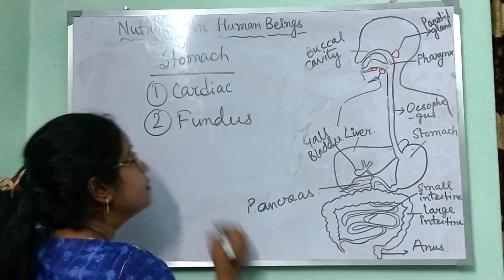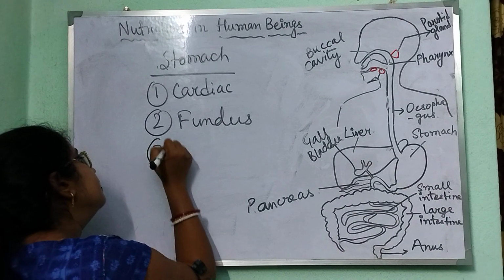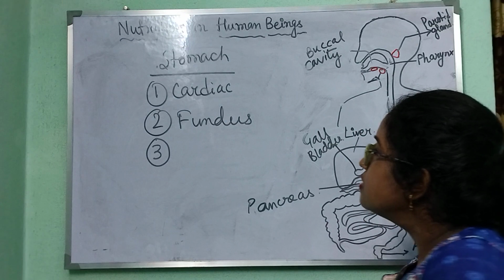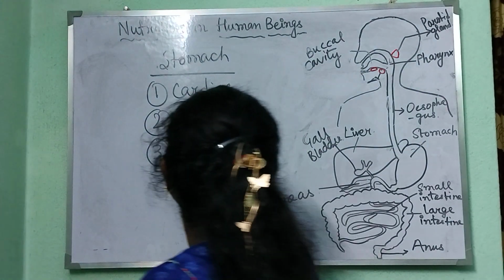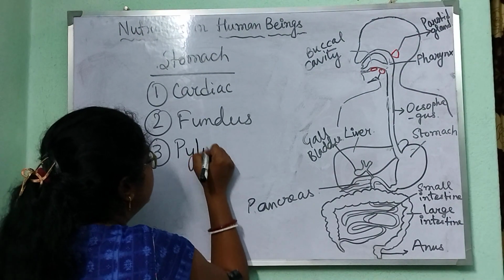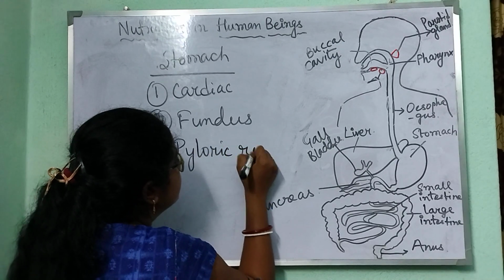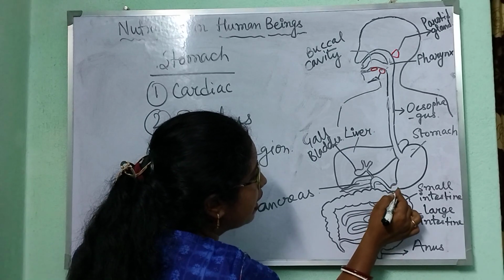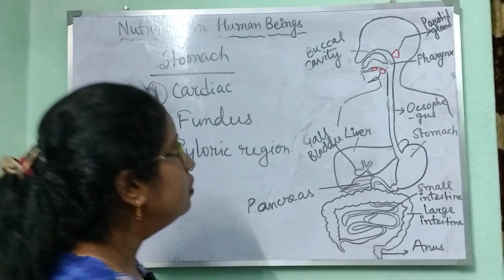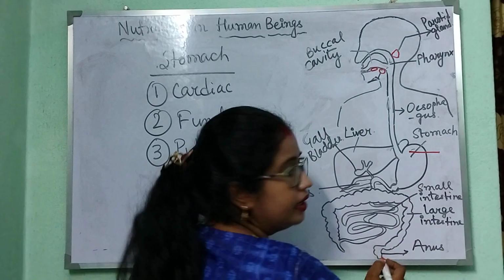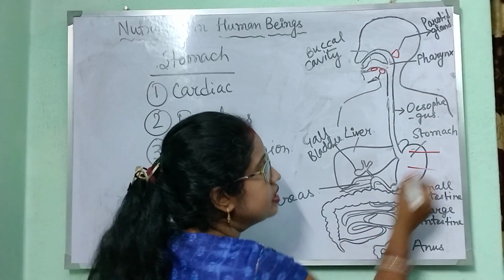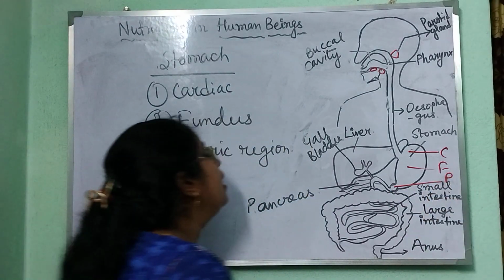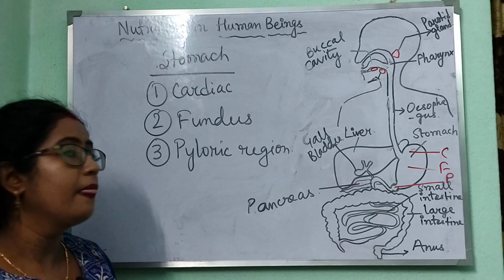And the last portion is known as the pyloric region. So this is the cardiac region, this is the fundus region, and this one is known as the pyloric region.